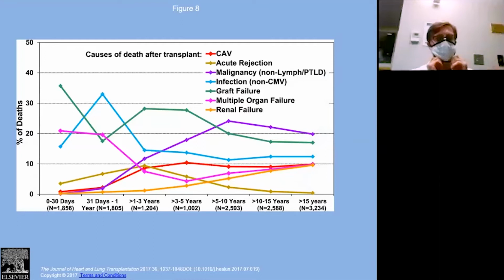It doesn't mean we should ignore it. It's important. It does have repercussions and increases your risk for coronary allograft vasculopathy and other issues, but just know that infection is a more common cause of death. And then long term, beyond the 5 to 10 year period, cancer is the number one cause of death.